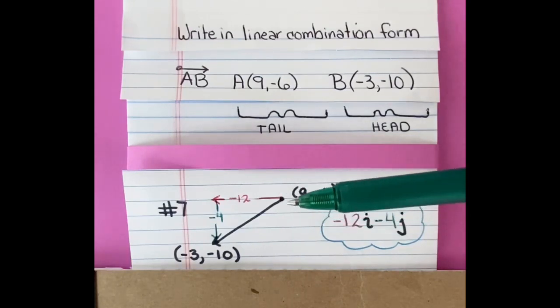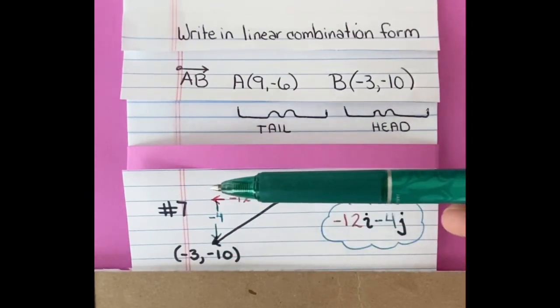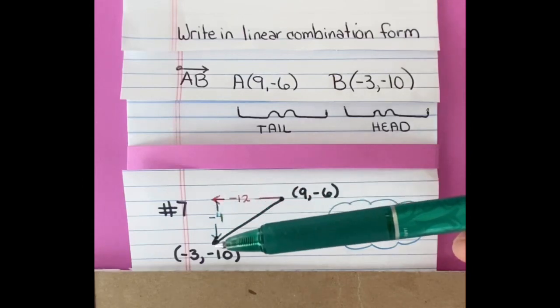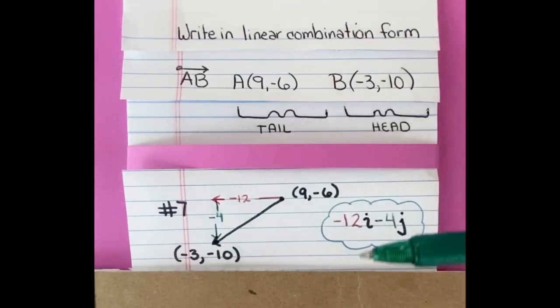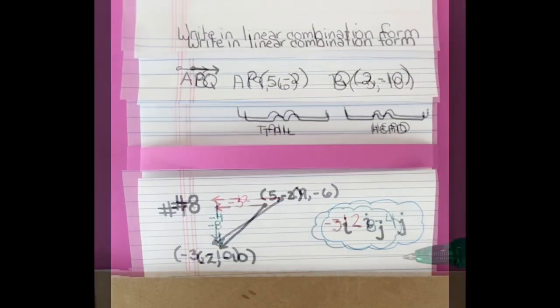To get from the tail to the head, we need to move backwards 12 and then down 4. The number in front of i is the amount you move right or left, and the number in front of j is the amount you move up or down. So in linear combination form, vector AB is -12i minus 4j.